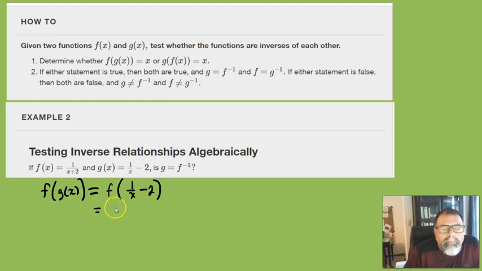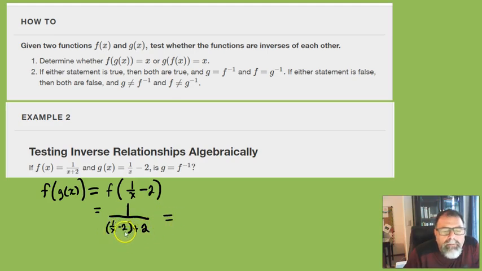So f of x is equal to 1 over x plus 2. I'm sorry, this is f, 1 over x plus 2. So I take the x out, put a blank parenthesis. Now I'm going to plug in 1 over x minus 2 for the x in the f function, like this.